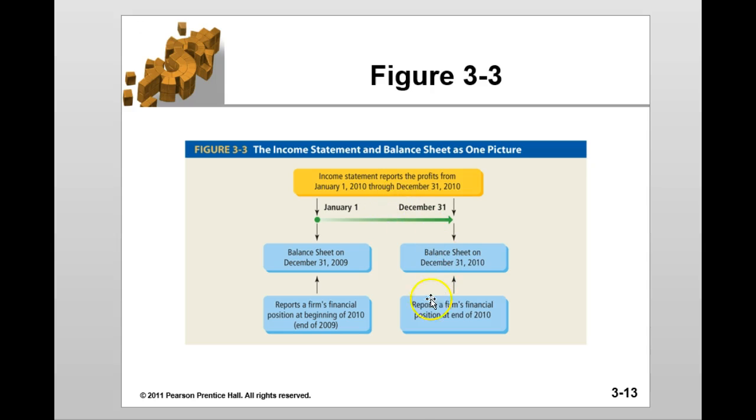So this is all braided together and intertwined. In fact, the order of doing the financial statements is that you have to do the income statement to find the income. Then you have to do the retained earnings or the owner's equity to find the change in owner's equity, and then you can do the balance sheet for the end of the period. So they are braided together.